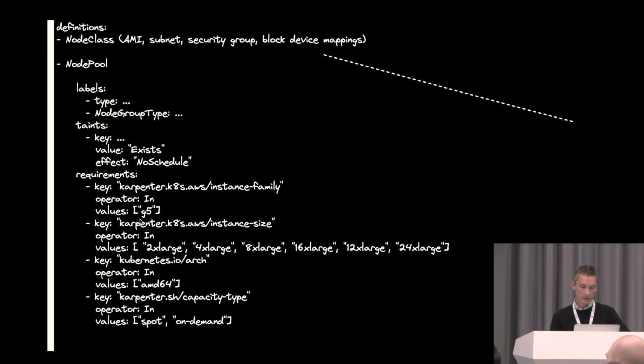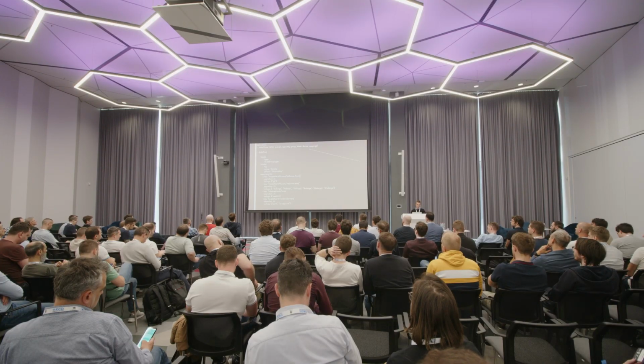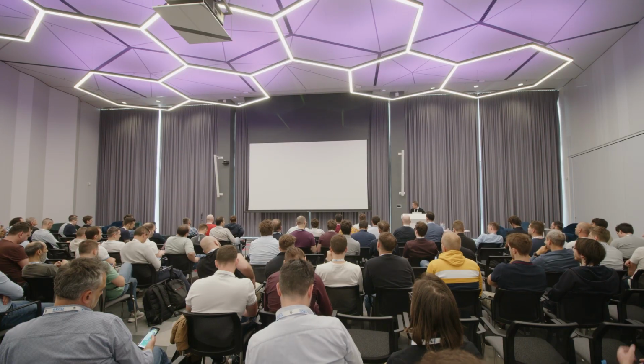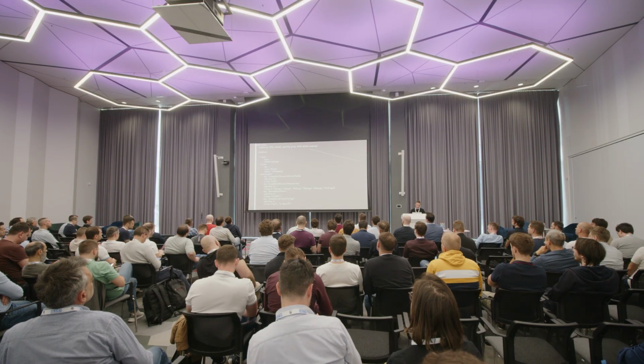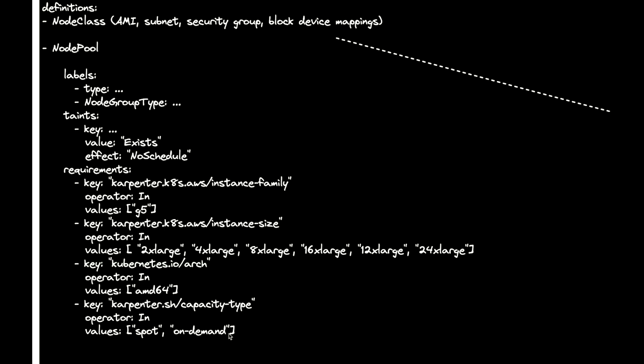For example, we can define the instance family. In the case of Amazon, you can see here that we have a GPU-related instance. We have the instance sizes. We can define the type of architecture, for example, if it is x86 or an ARM architecture. We can also see the capacity type. In this case, I decided to use both on-demand and spot.